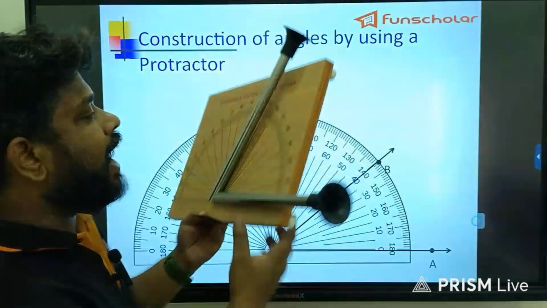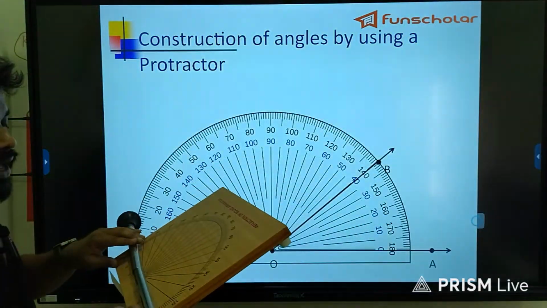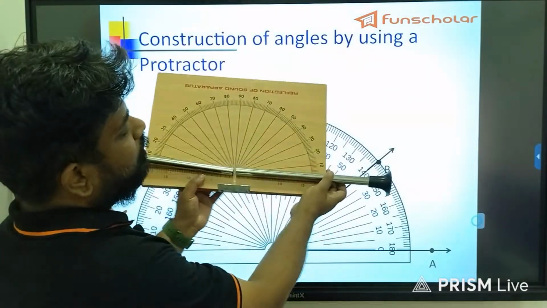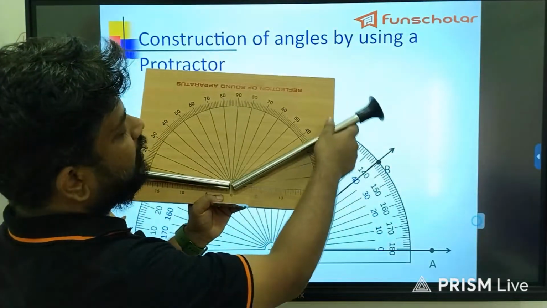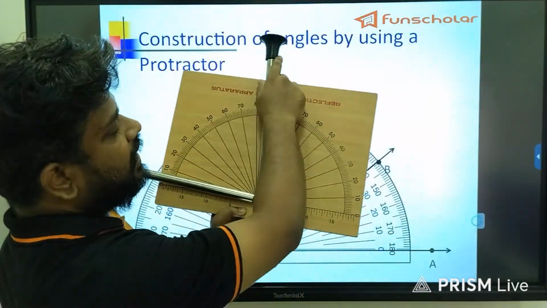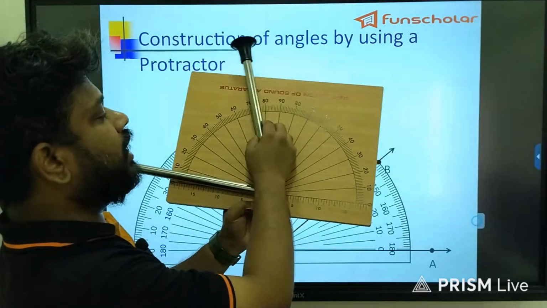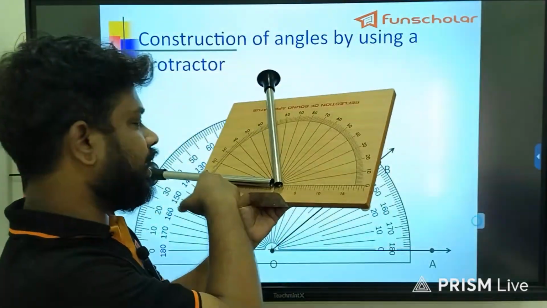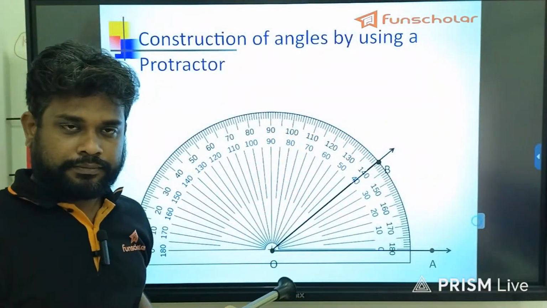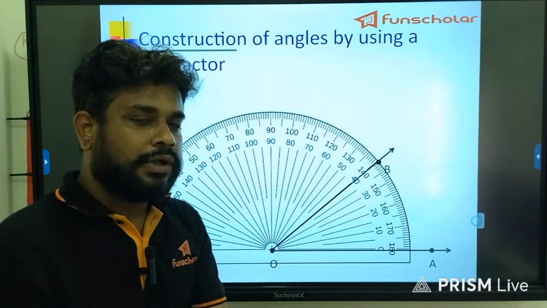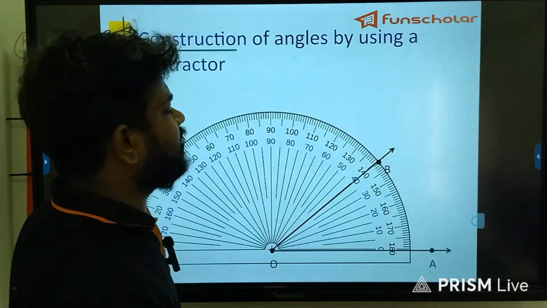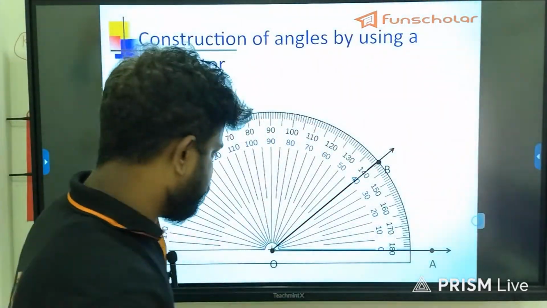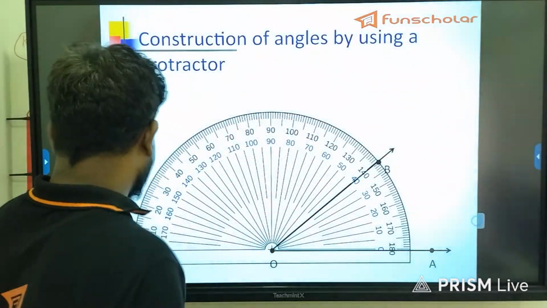Okay, and if I draw this from this side, it will be 0 degree, 10, 20, 30, 40, 50, 60, 90 here, and after that 110, 120, 130, and 180 will end up here. Okay, so this one is very understandable with the help of the protractor, which we currently have.